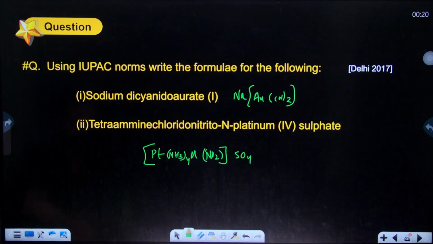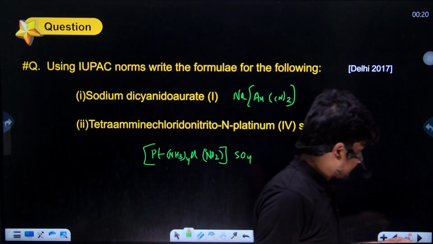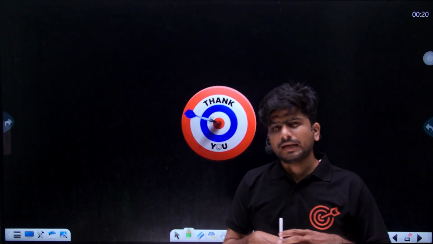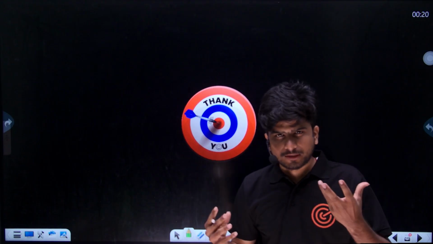So these are your IUPAC names. How do you write these IUPAC names? How many types of compounds did we see? We have seen a very large number of compounds, cationic part, anionic part. Just remember the rules.